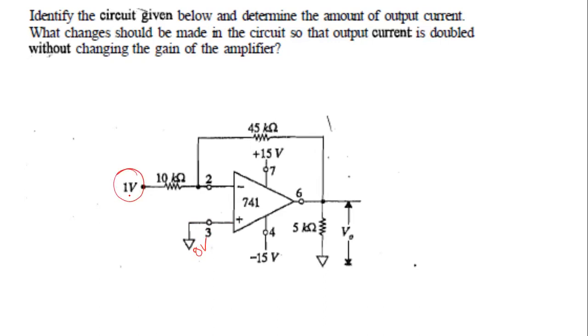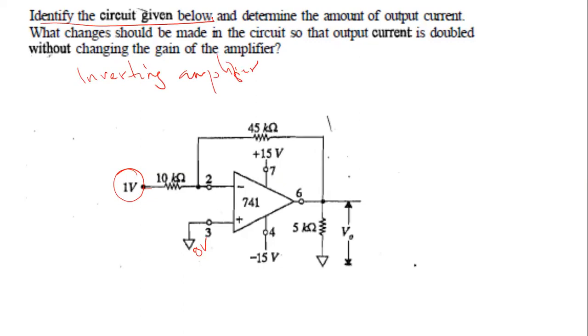This is a 1 volt DC supplied to the inverting input. So that means the circuit given here is your inverting amplifier. Okay, so we have identified the circuit as an inverting amplifier.